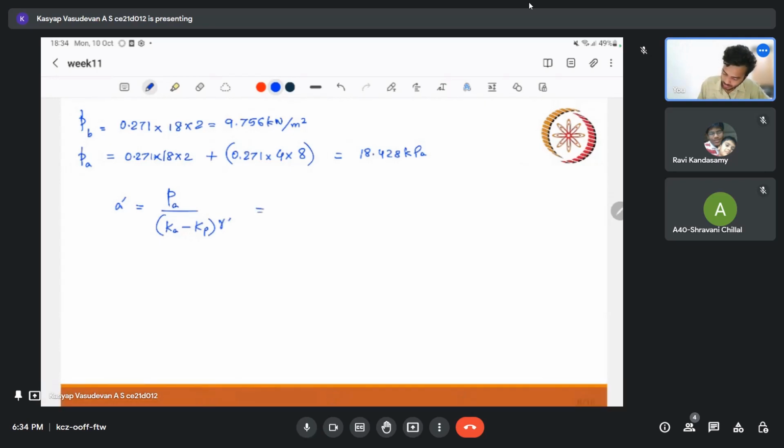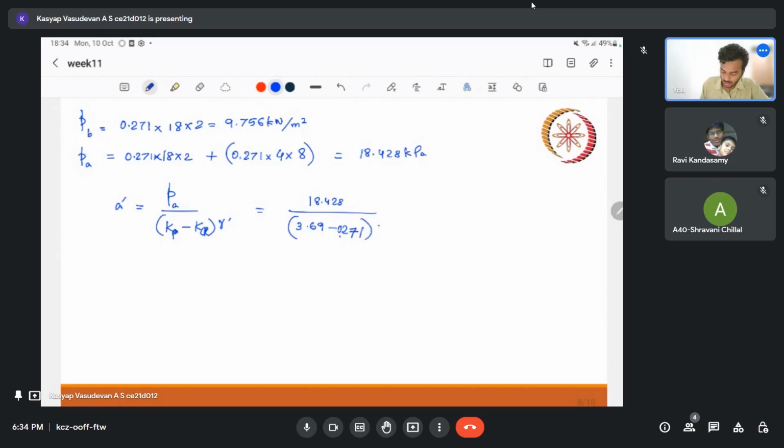So PA is nothing but 18.428 divided by, sorry, it's actually Kp minus Ka, that is 3.69 minus 0.271, into gamma dash.